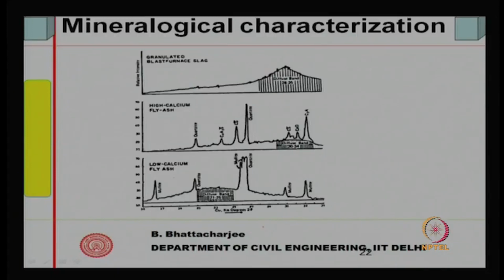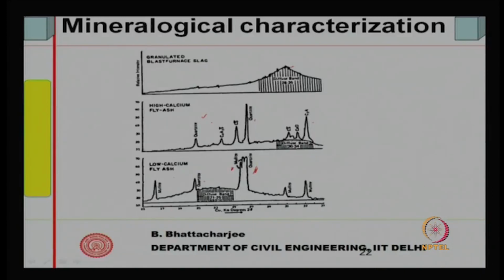So, there is a comparison of all of them. Low calcium fly ash, you see quartz, mullite, etc. High calcium fly ash, again quartz peak, etc. But granulated blast furnace slag, you do not get that many peaks except here, but it is something like this. So, it is largely amorphous, and you can see this band which actually explains where you have got amorphous material. So, a large quantity of amorphous material is somewhere here.